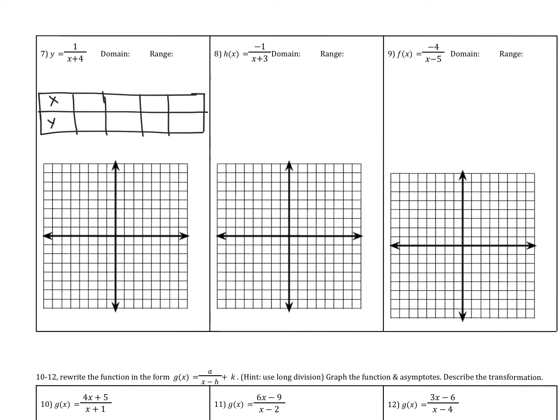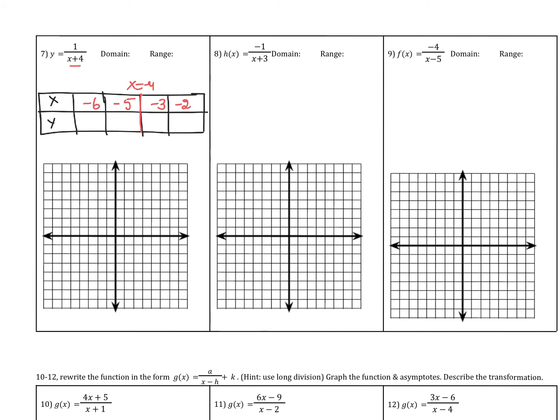To graph number 7, you're going to see that x plus 4 is not equal to 0. So it means you should not take x equals negative 4. You can take the numbers before that. So you can take negative 5 and negative 6, negative 3 and negative 2.